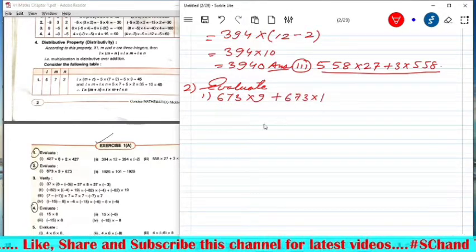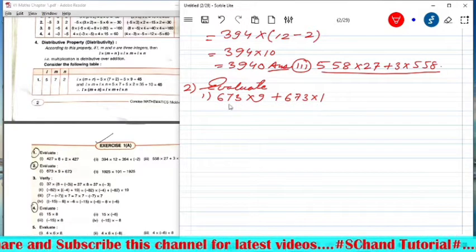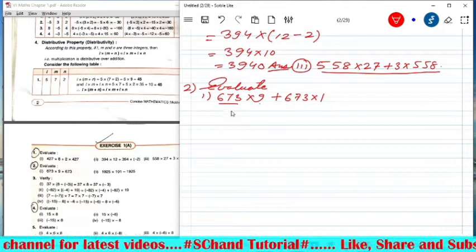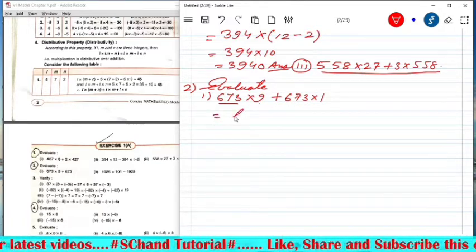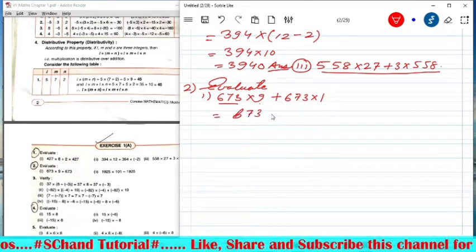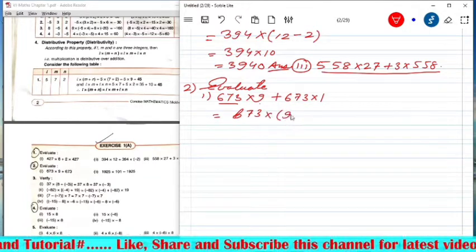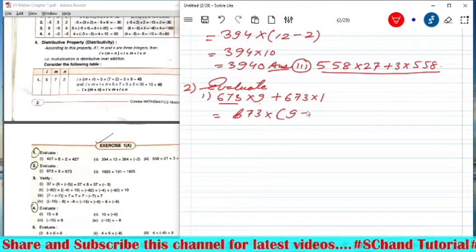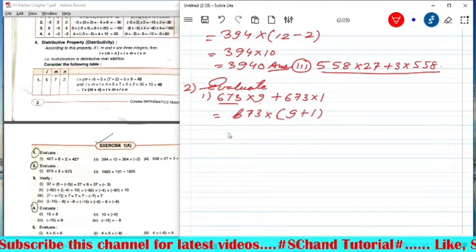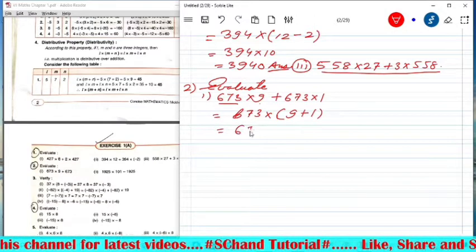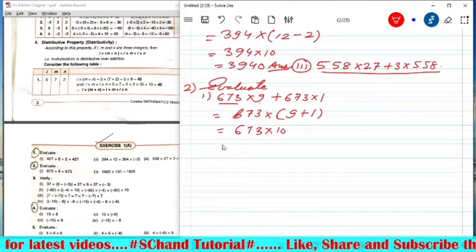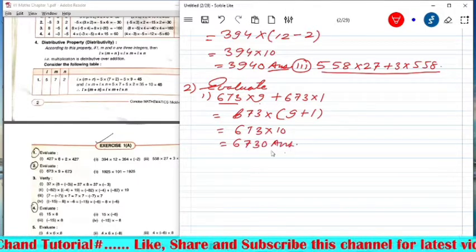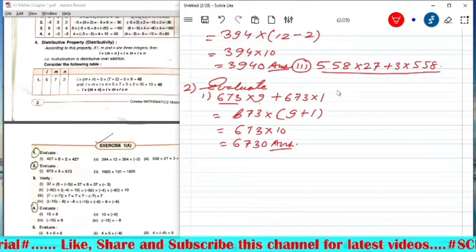So here we can write multiply with 1 also, because this answer will remain the same, because we have made L into M and L into N. So here L is 673 multiply with N plus 1, 9 plus 1. So it is 673 multiplied by 10. So answer will come 6730. This is the answer. So these are some simple sums.